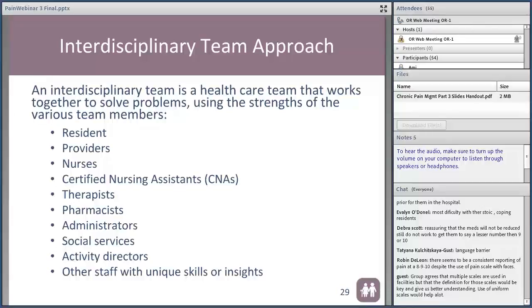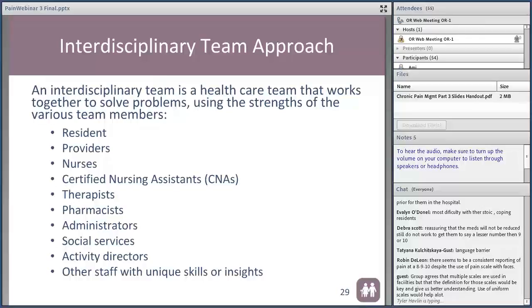Social service, very, very important. Again, there's things that social service can offer on interventions in the non-pharmacological areas that can be very, very helpful for the residents. They can also help with some of those psychosocial problems and issues that can cause actual pain for people.